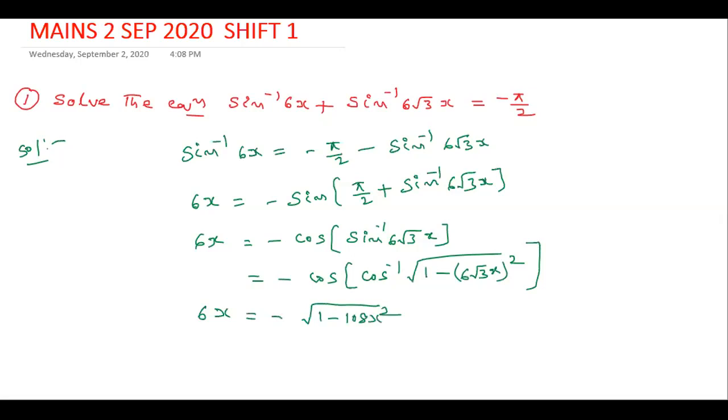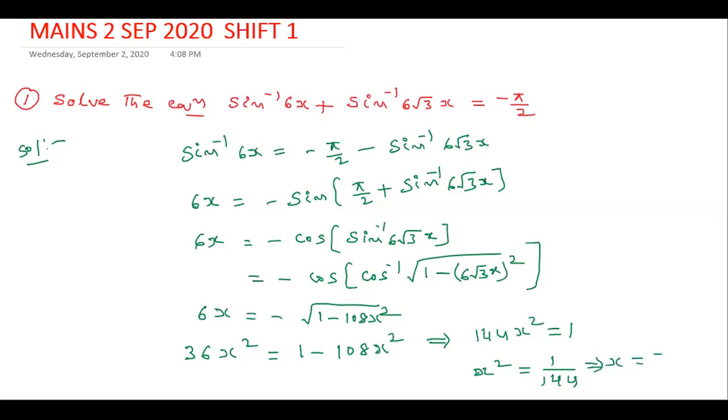Do squaring on both sides. We get 36x square is equal to 1 minus 108 x square. Sending 108 x square to the left hand side, we get 144 x square is equal to 1. Now x square is equal to 1 by 144, so the x value is plus or minus 1 by 12.